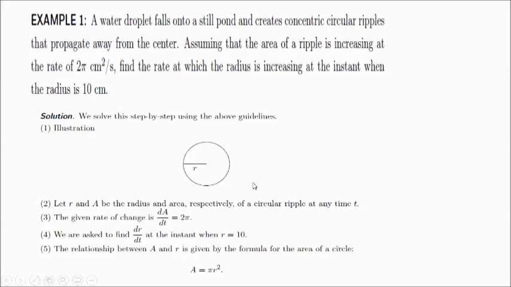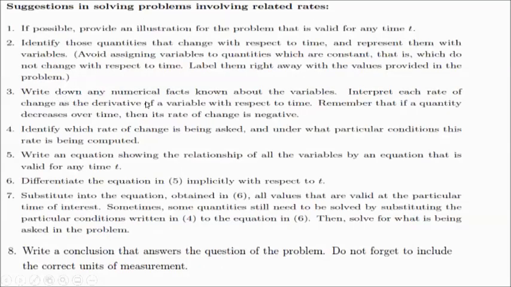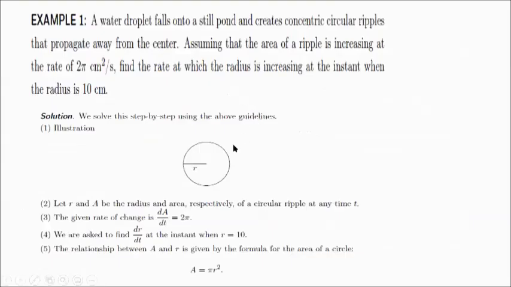Okay, so number 3, write down any numerical facts known about the variables. Interpret each rate of change as the derivative of a variable with respect to time. Remember that if a quantity decreases over time, then its rate of change is negative. Pero dito, since sinabi niya increasing siya at the rate of 2 pi square centimeters per second, positive siya.